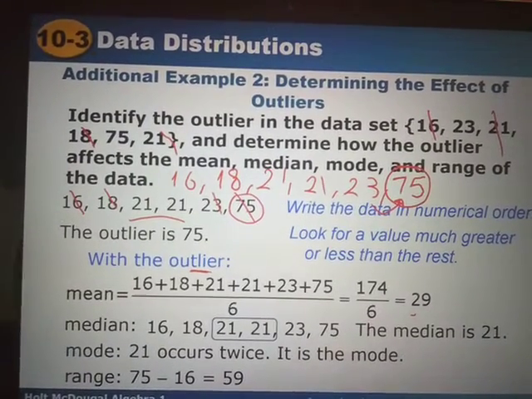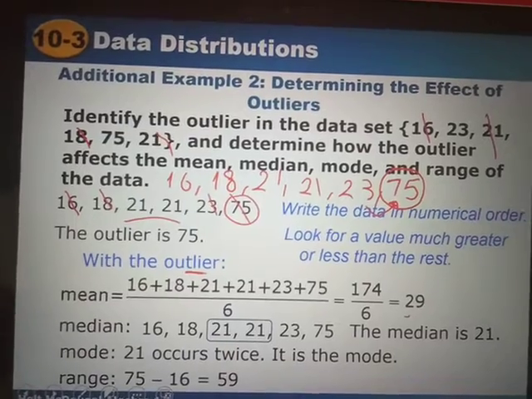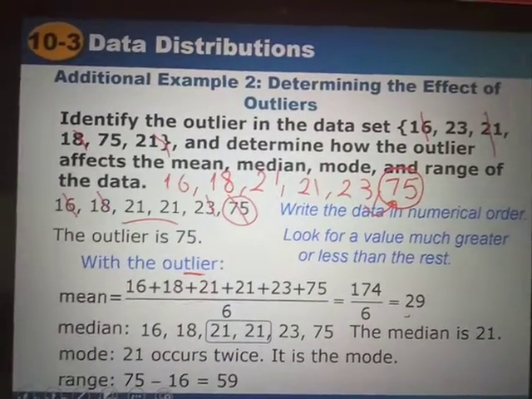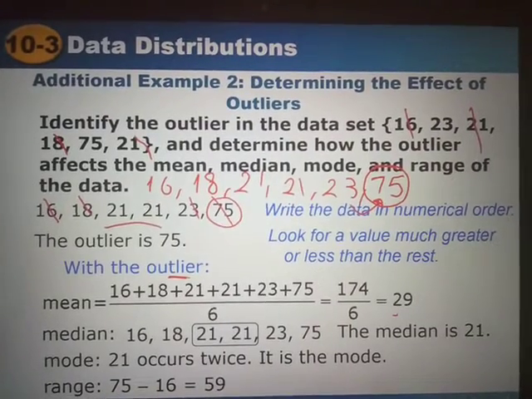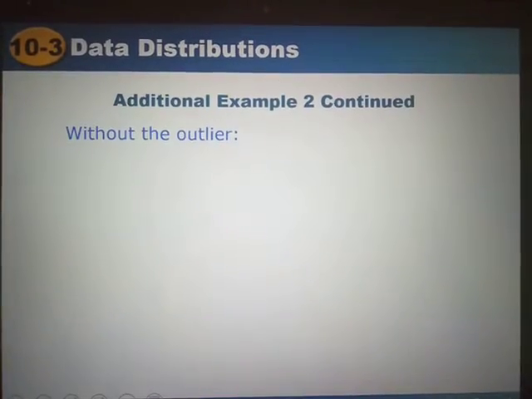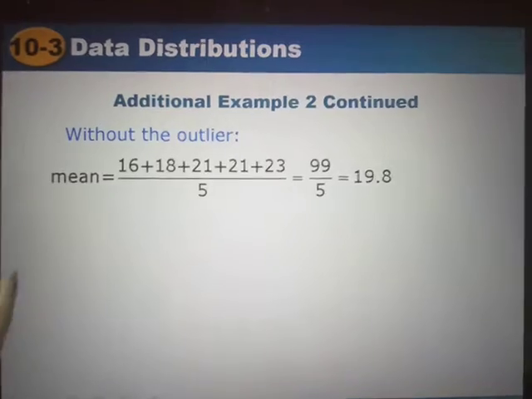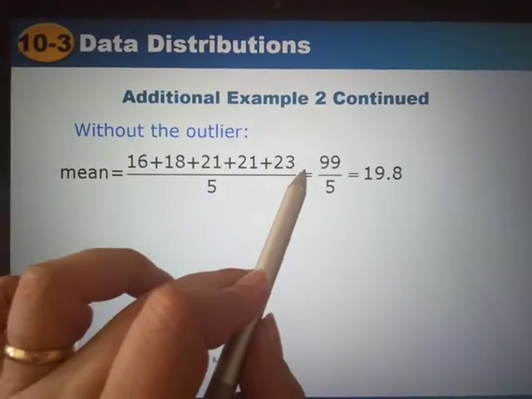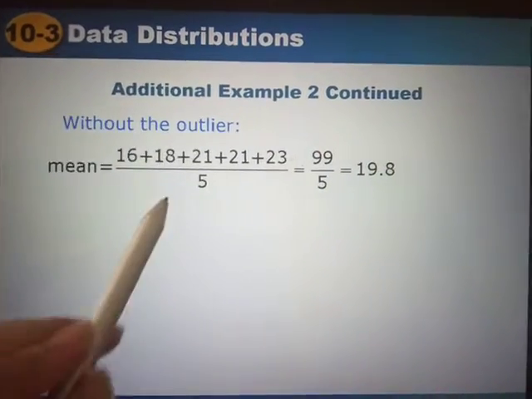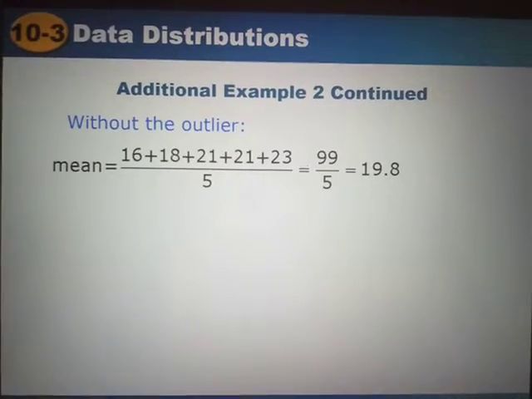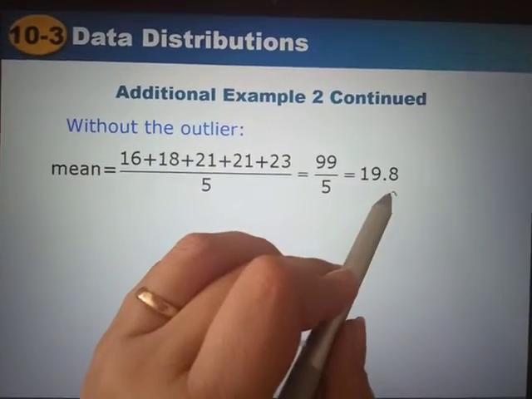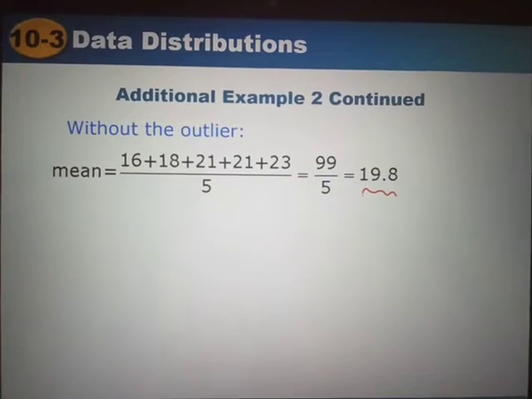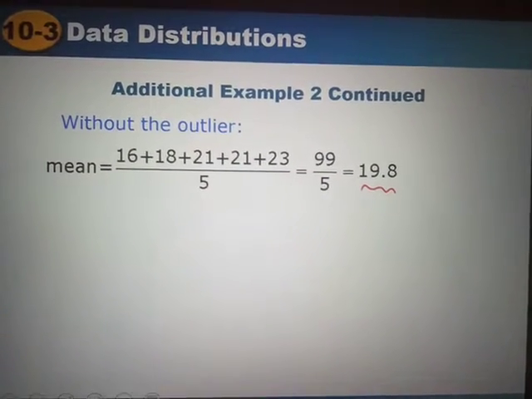Okay, we will get the same mean, median, mode, and range, but without the outlier. So we will add them together without 75, and of course the number of the data will be less by 1. So the mean here will be 19.8.